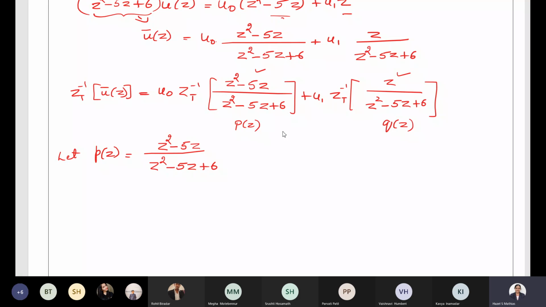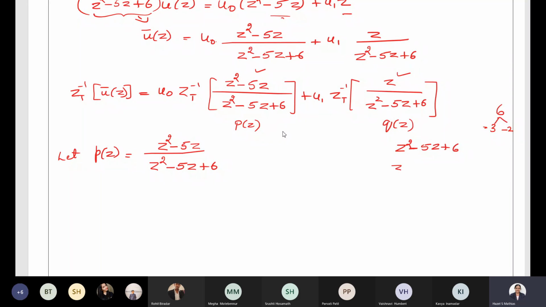Is it okay? Now next step, whenever there is a quadratic equation, I told you all you should split it. You should write it as a product of linear factors. How can you write z square minus 5z plus 6? We know 6 is 3 into 2, but we want minus 5 over here. So if you put minus 3 and minus 2, minus 3 minus 2 is minus 5, and minus 3 into minus 2 is 6.